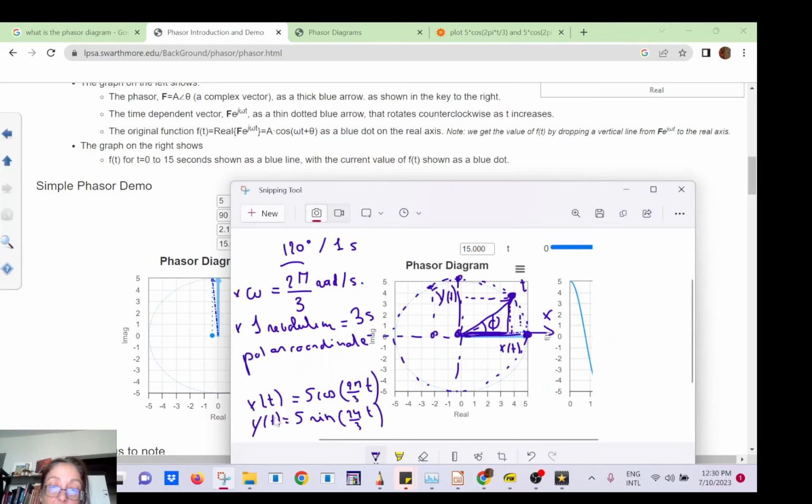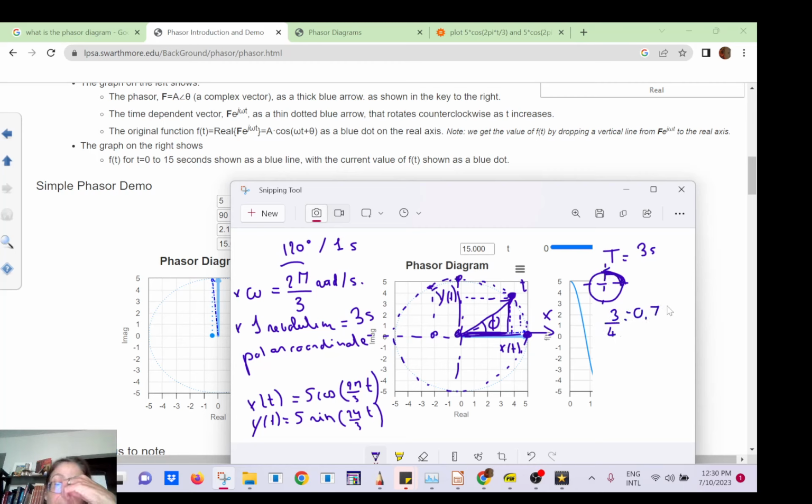Again, 1/4 of a cycle, if the period is 3 seconds, so it takes 3 seconds to go around for the particle here, going around at a constant speed. So 1/4 is from here to there. So 1/4 of 3 is 0.75 seconds. So if I put theta here equal to 90 degrees, it should shift to the right.